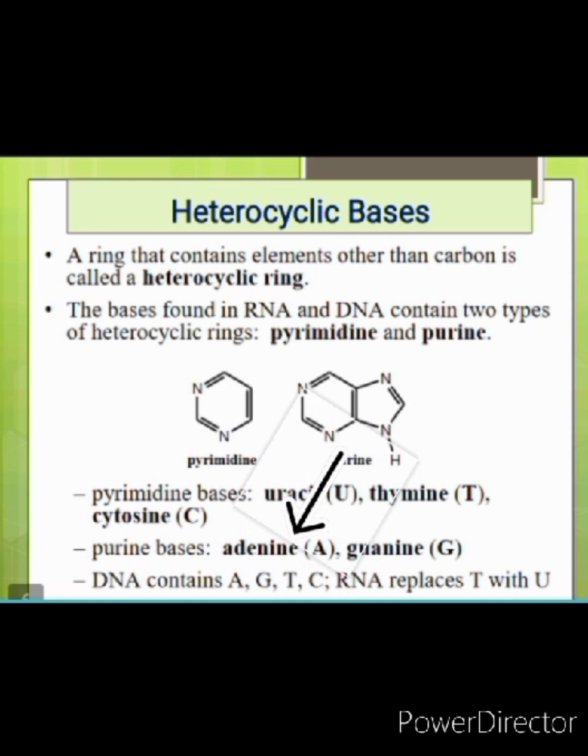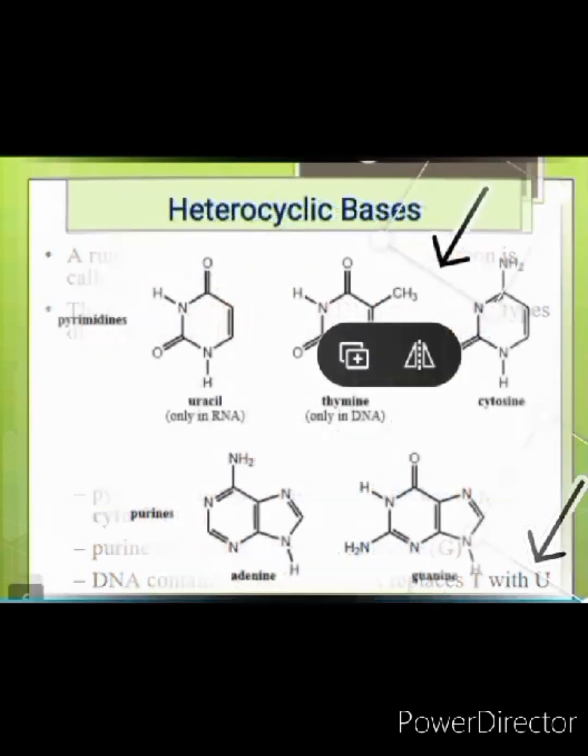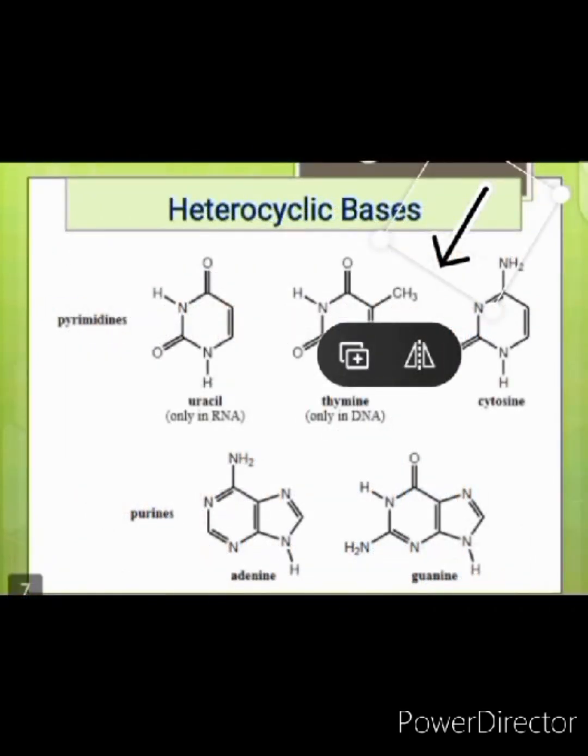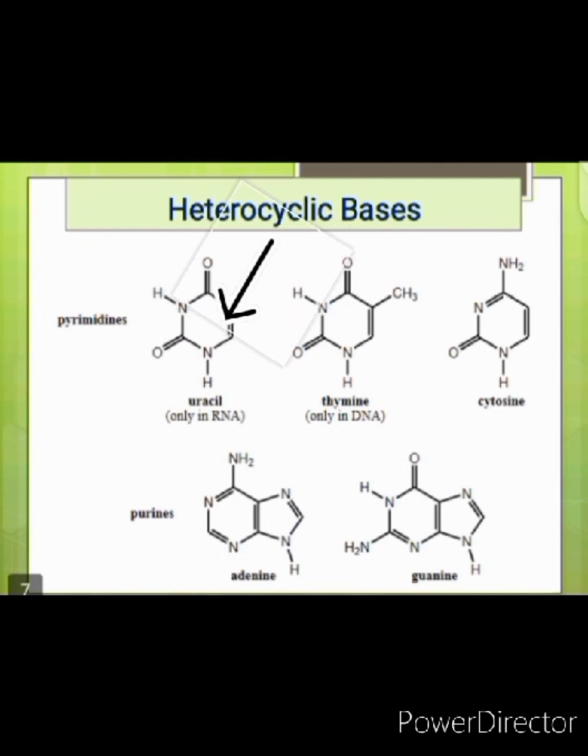It is important to know that DNA contains adenine, guanine, thymine, and cytosine, and RNA replaces thymine with uracil. So these are examples of heterocyclic bases. In pyrimidines, we have uracil, thymine, and cytosine.